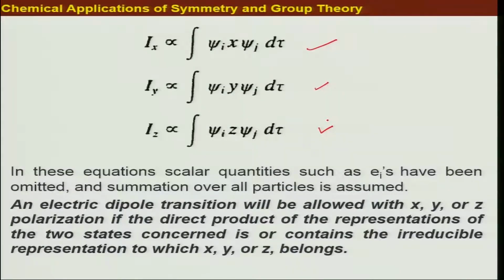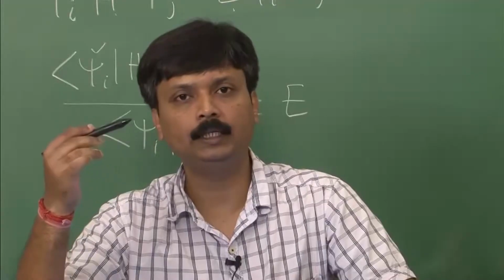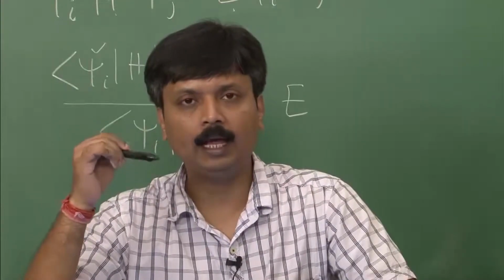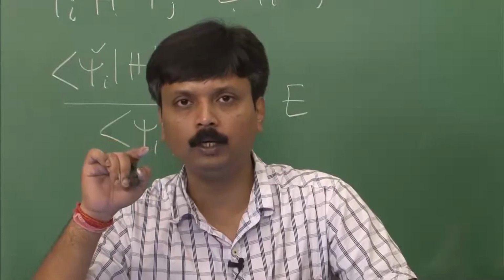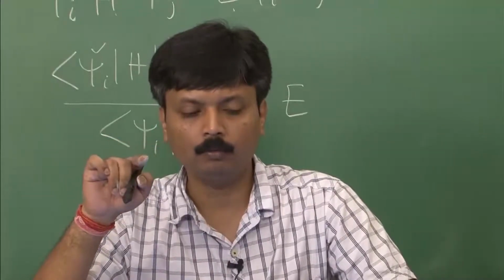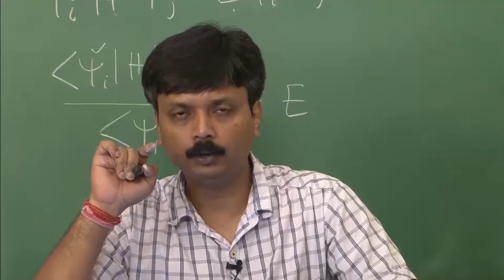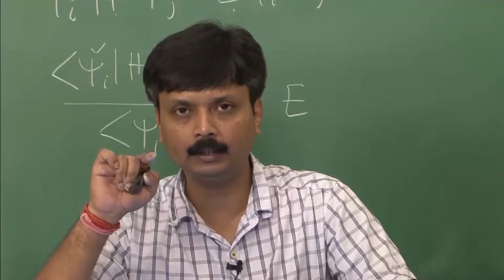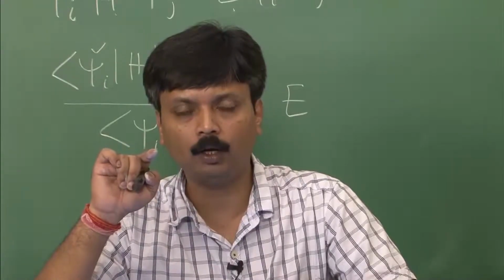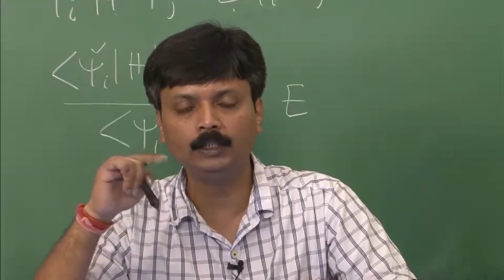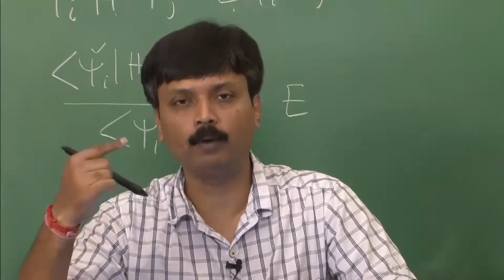Now, if one or more integrals survive, then what we say is that the transition from psi i to psi j is allowed, and is allowed in those particular directions. Meaning, suppose the integral involving x is non-zero, but the other two integrals are 0, then we say that the transition is x polarized.